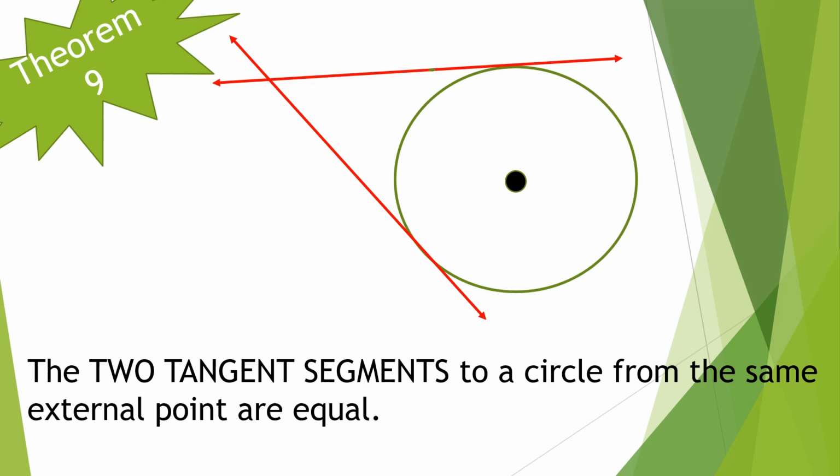So suppose the external point is point A, the first tangent segment is AC, and the other segment is AB. So if they meet at a point outside the circle, the two tangent segments are equal. So if AC is equal to 10, AB is also equal to 10.